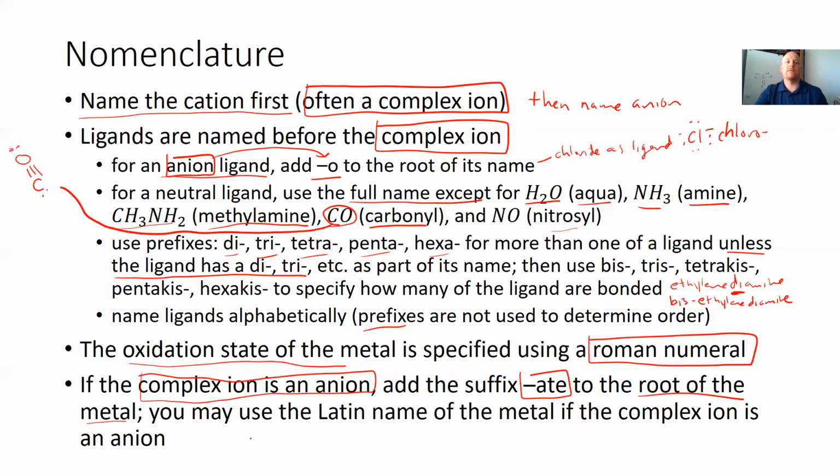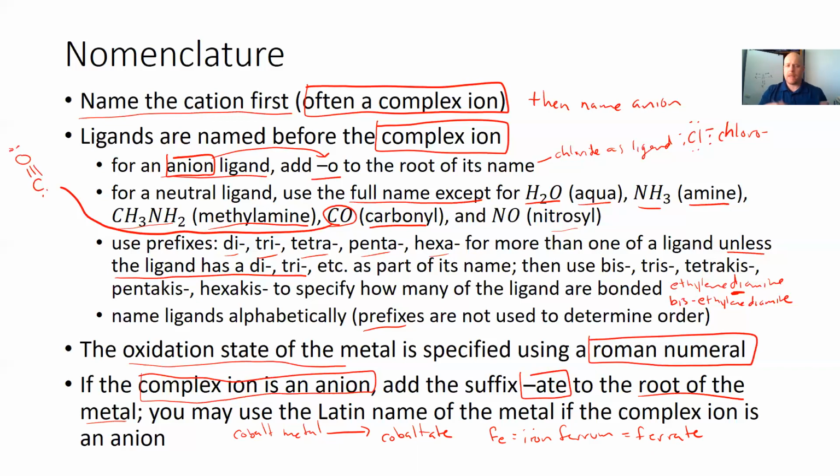So if let's say cobalt is the metal, that would change to cobaltate. Or if it's, let's say, iron, which is ferrum, it would be ferrate. So we're going to use those Latin roots when we're naming those ions.